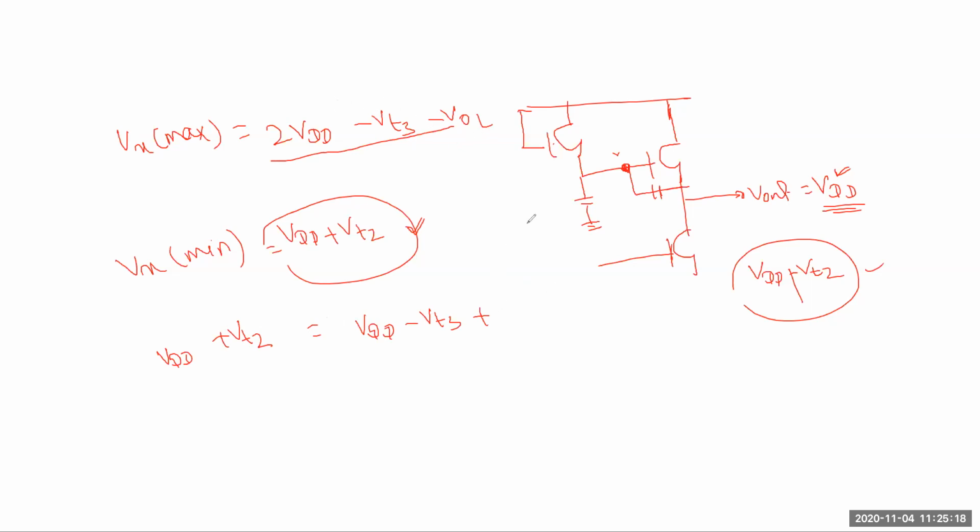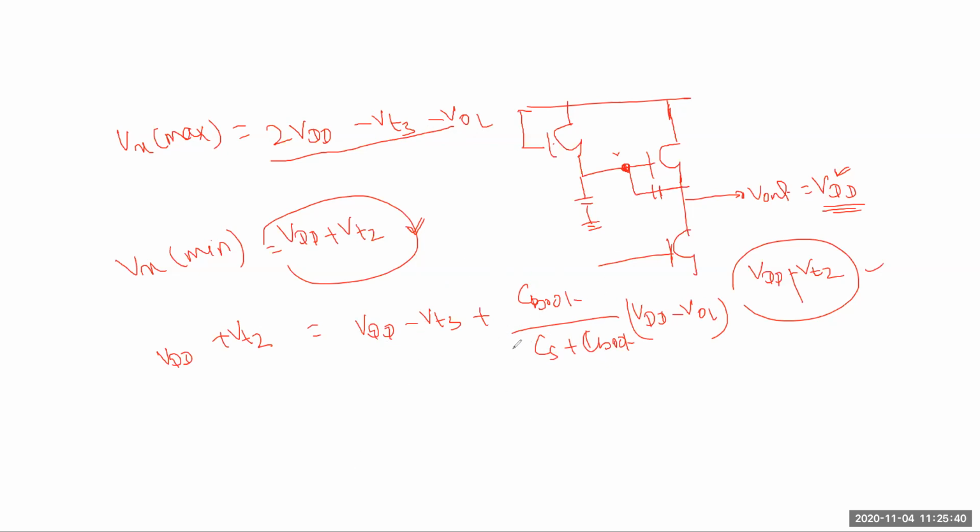Here, if you put the previous equation, C boot by CS plus C boot, this is the maximum, but the actual equation is C boot into VDD minus VOL. If you equate that, finally what will you get? You will get a ratio.